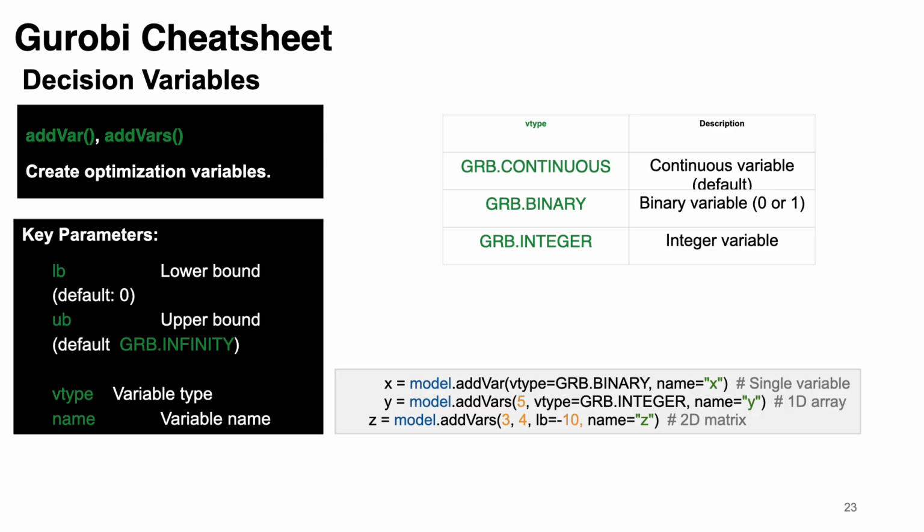As shown in our table, you can choose GRB.CONTINUOUS for real numbers, GRB.BINARY for 0-1 choices, or GRB.INTEGER for whole numbers. For example, if you want to create a 2-dimensional matrix of variables with a lower bound of -10, you would use the command z equals model.addVars(3, lb=-10, name="z"). This flexibility allows Gurobi to handle everything from simple production counts to complex multidimensional supply chain flows.